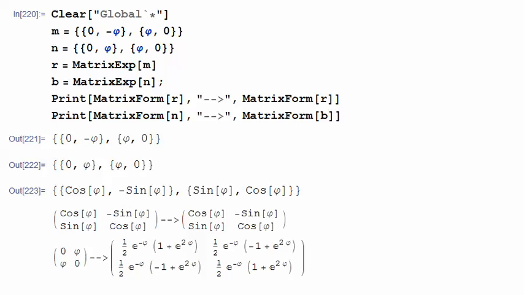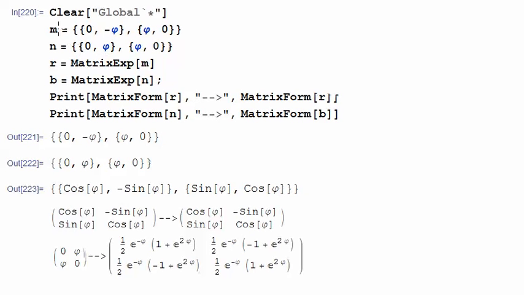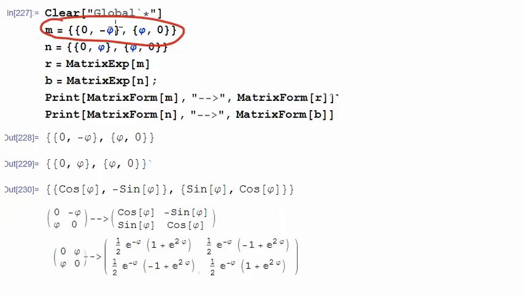So here's my code, and you can see that creating this matrix M, which is 0, negative phi, phi, 0, when I take the matrix exponent of that M, I get a rotation matrix, cosine phi, negative sine phi, cosine phi.